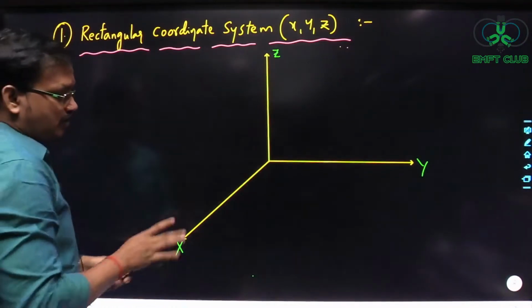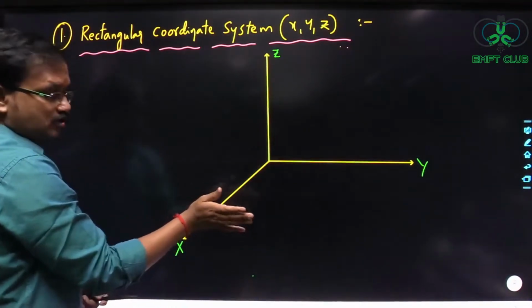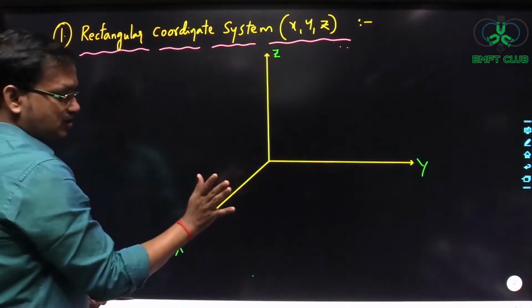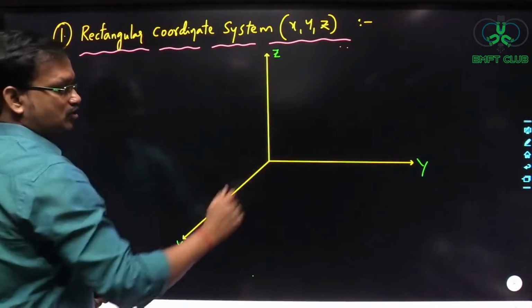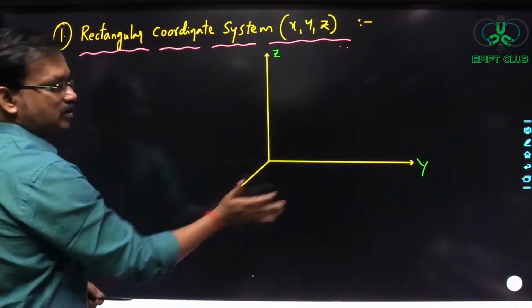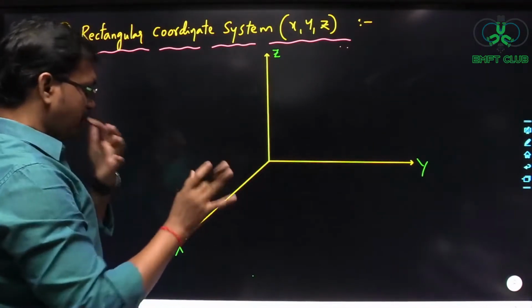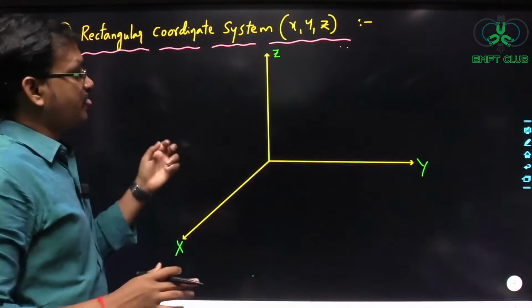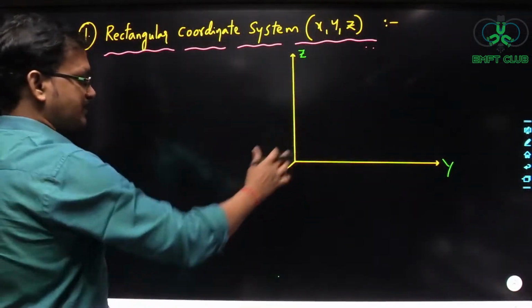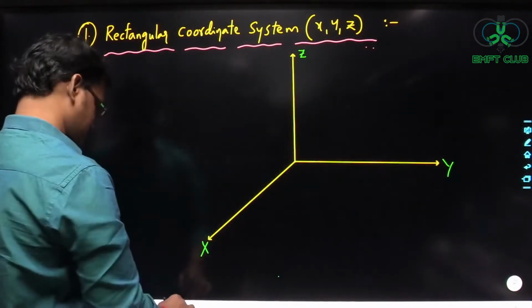If you do x cross y, that means if you curl the four fingers of your right hand from x to y, the thumb is going to point in the upward direction. So the right hand convention is satisfied here. This is the x axis, y axis, and z axis.